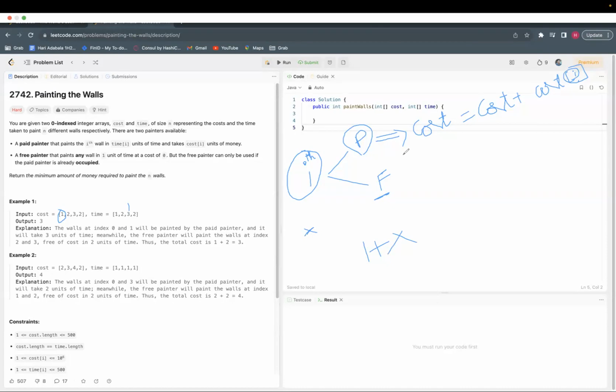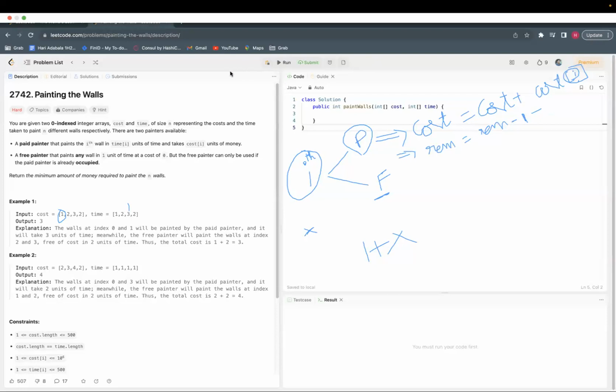So here, if this particular paid painter is painting the ith wall, then how many walls will be remaining? The remaining walls will be what we have, minus 1 minus t of i, where t is the time, right?